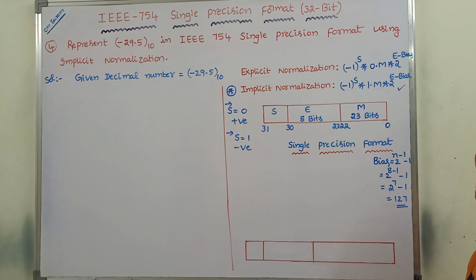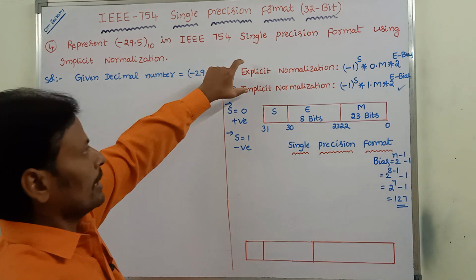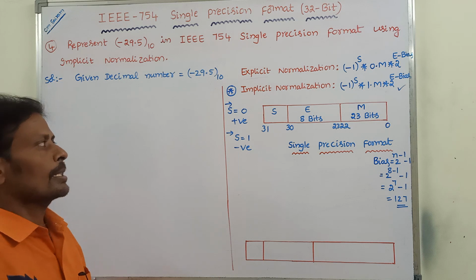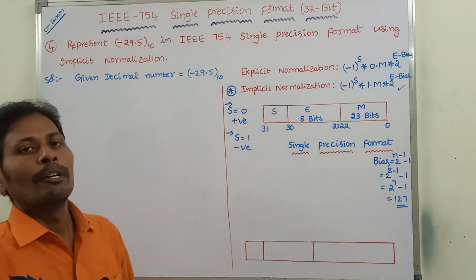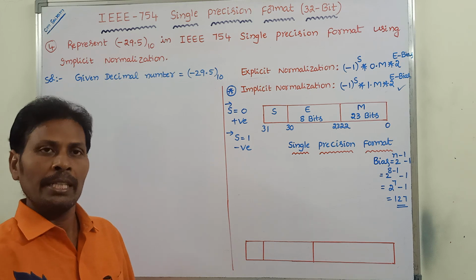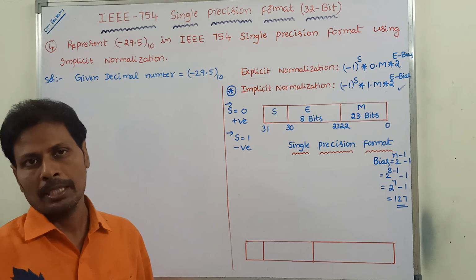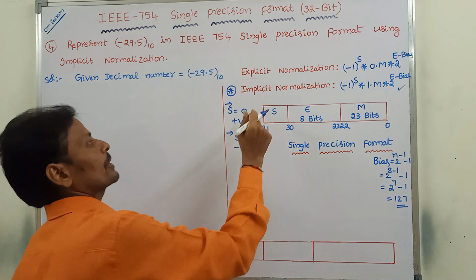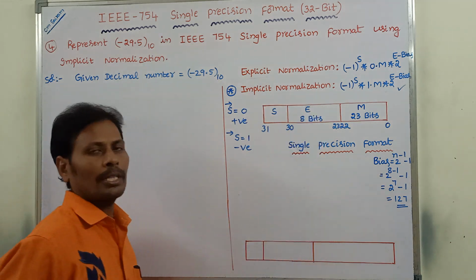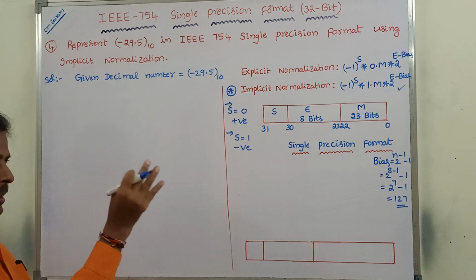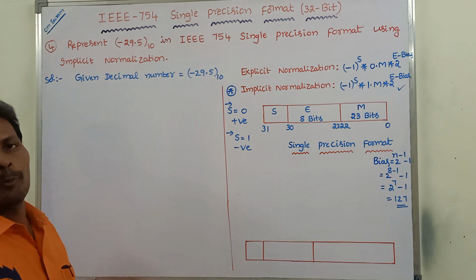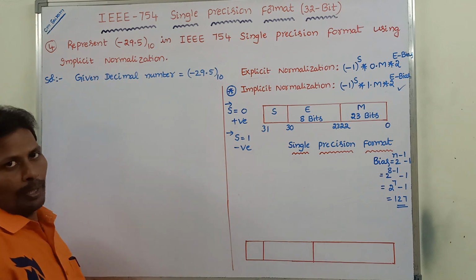This is the bias value. Among the two normalizations, the default one is implicit normalization. Whether it is given in the problem or not, you have to use implicit normalization as the default. With these basic details, we can go to the problem.